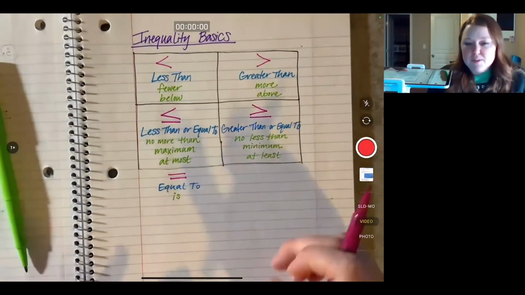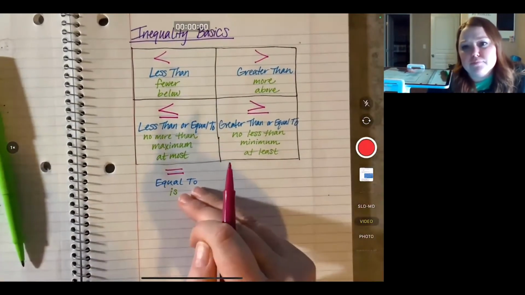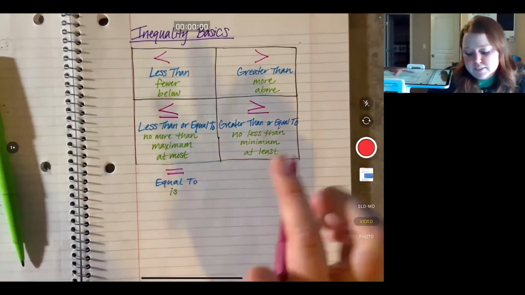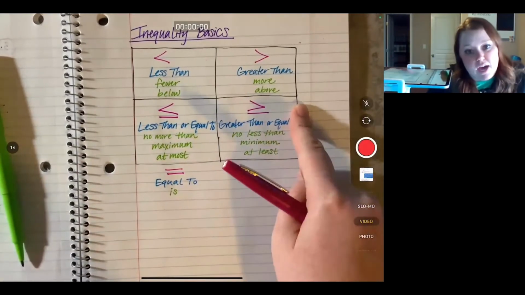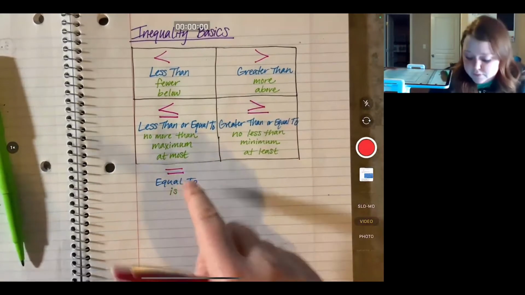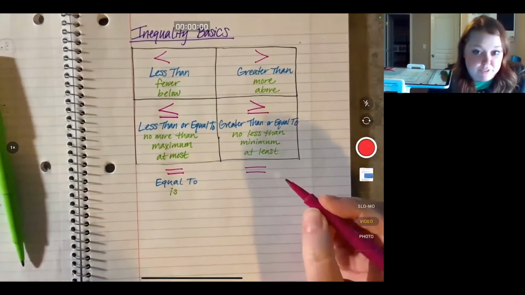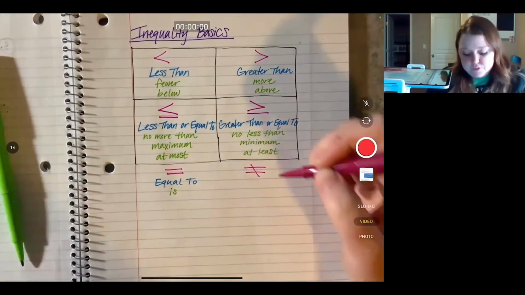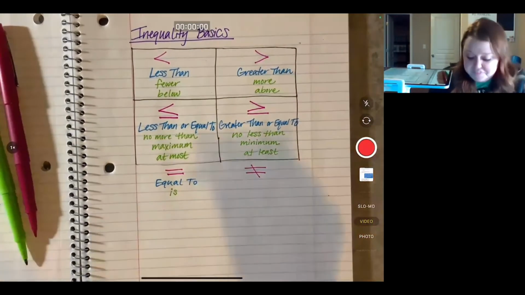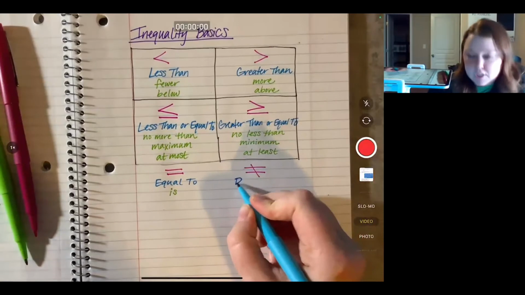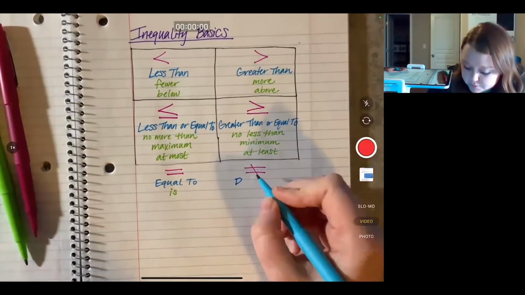And then what's the opposite of equal? Because these aren't actually opposites. The straight up opposite of equal, and we have seen this in my class recently, if you put a slash through that, what do you say? Does not equal to. Or you can say not equal to or does not equal.